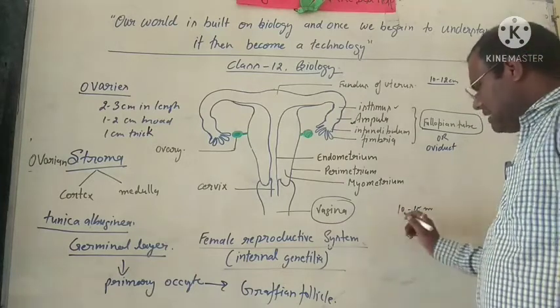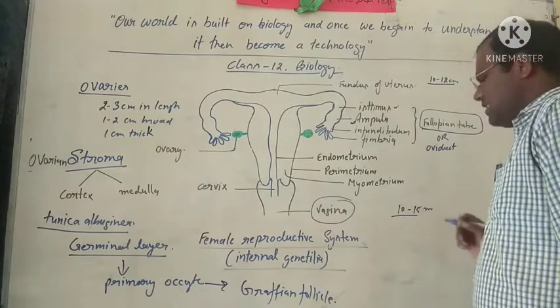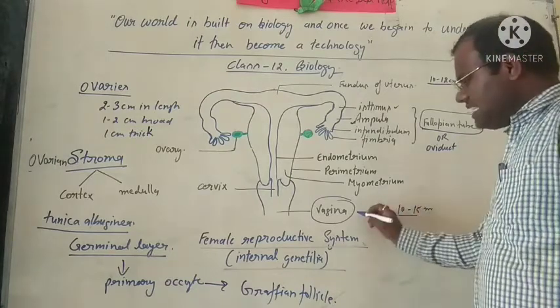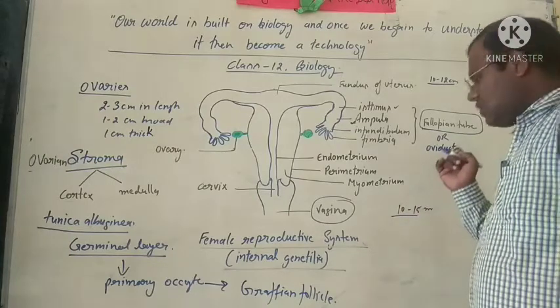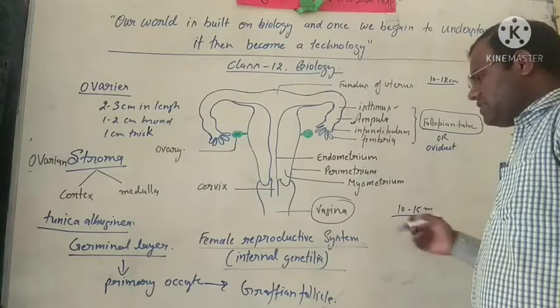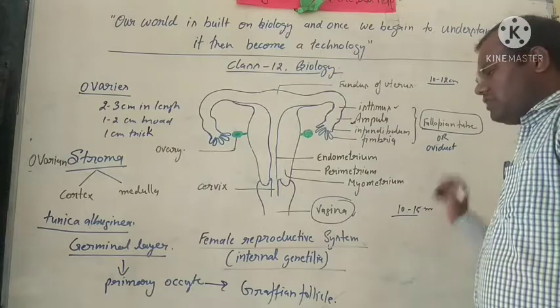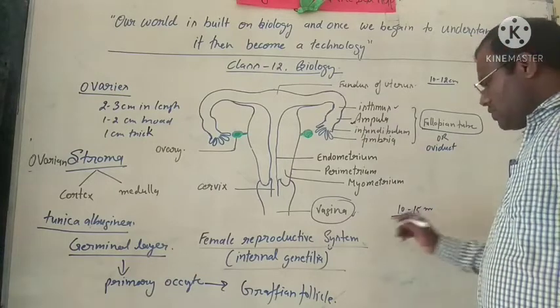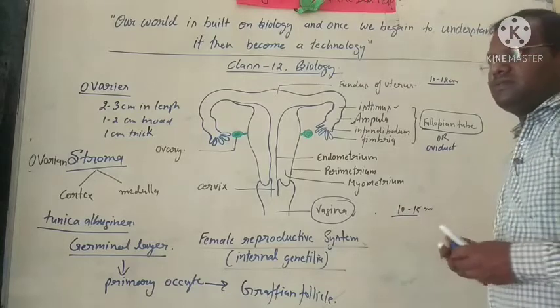It receives the semen during sexual excitement, that is, during copulation, with the help of the penis. So this is the female reproductive organ.